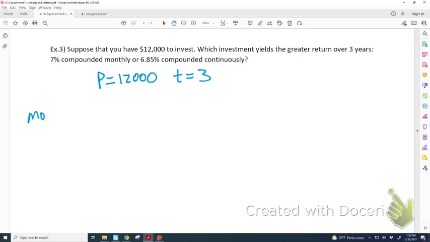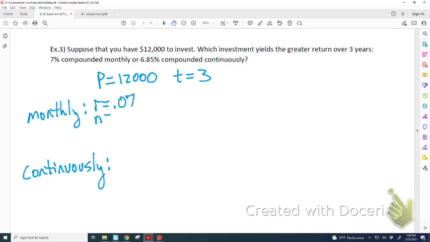One of them is a monthly account, and one of them is a continuous. For the monthly, R is 0.07 and N is 12. For the continuous, R is 0.0685.